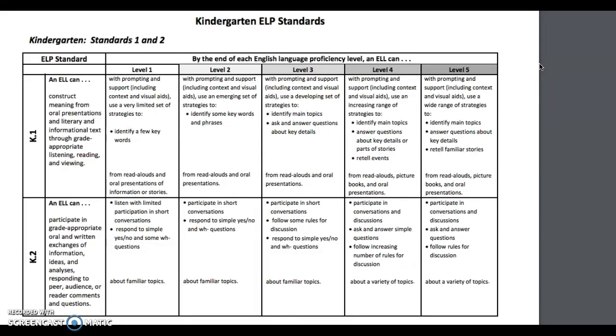Use a very limited set of strategies to identify a few key words in their read-alouds and oral presentations. On the flip side, a level 5 would be they can do this with prompting and support, including context and visual aids, use a wide range of strategies to identify main topics, answer questions about key details, retell familiar stories. Each of these levels include context and visual aids, which just shows how important that is as we're teaching ELs.